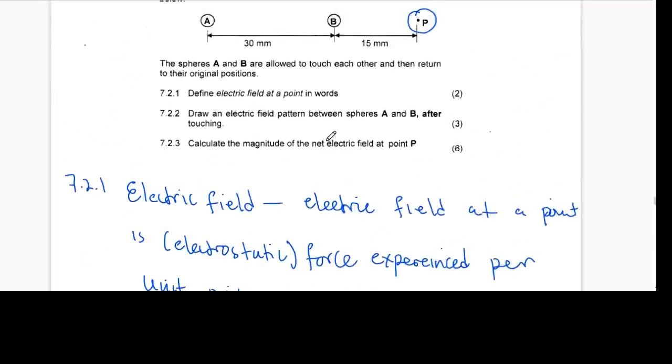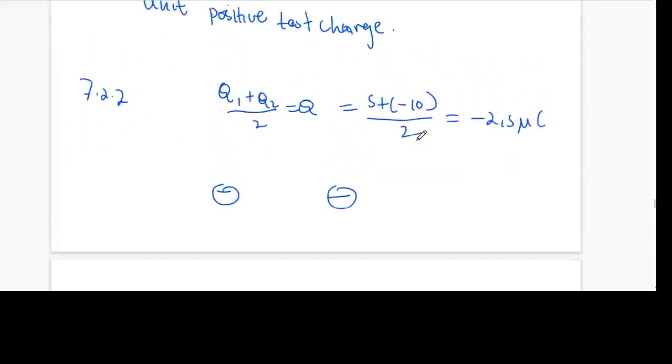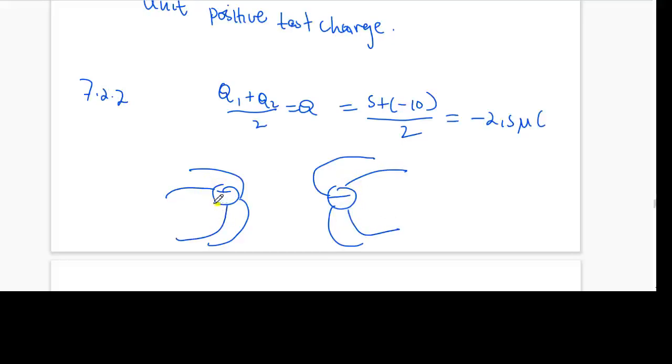So now we're going to have negative and negative. Electric field pattern between A and B after touching is going to be something like that. Remember their magnitude is the same now, so the number of field lines must be the same. And remember that for negative the field lines go inwards, like this.